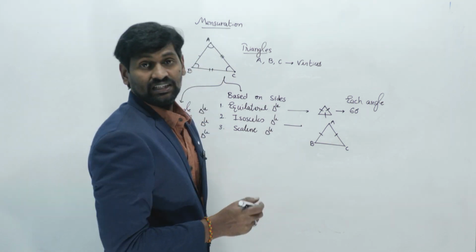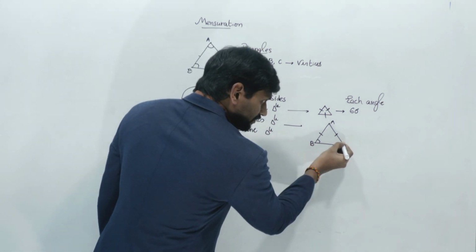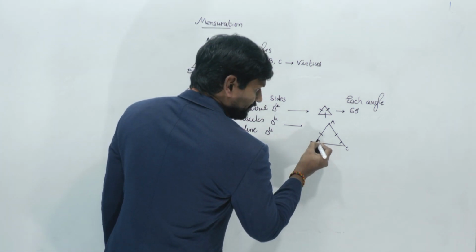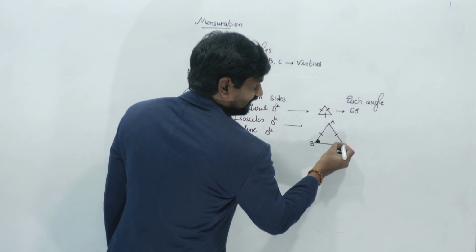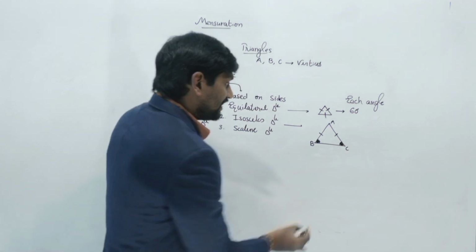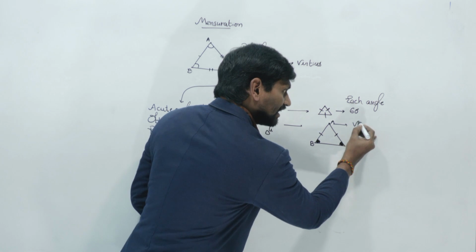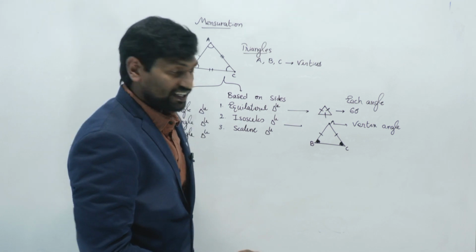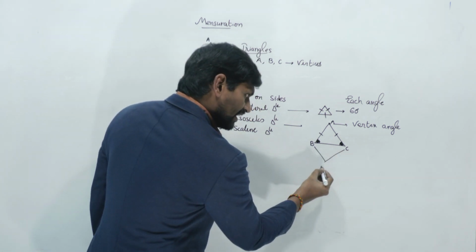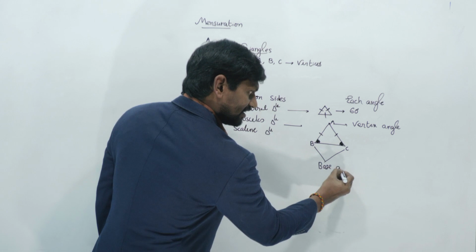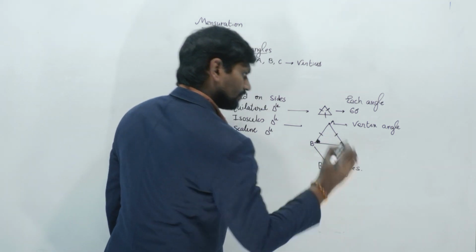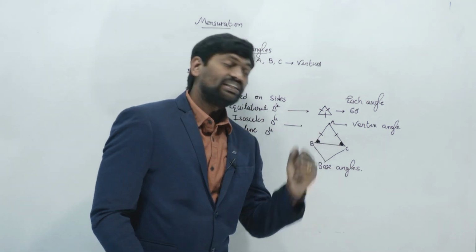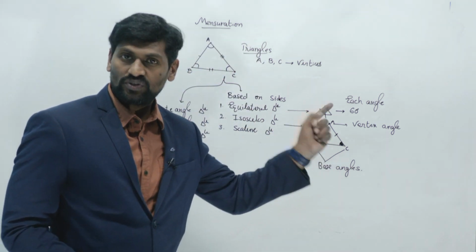Here you should understand that the base angles are also equal, that means angle B equals angle C. A is called the vertex angle, and angle B and angle C are called base angles. So a triangle in which any two sides are equal is called an isosceles triangle.